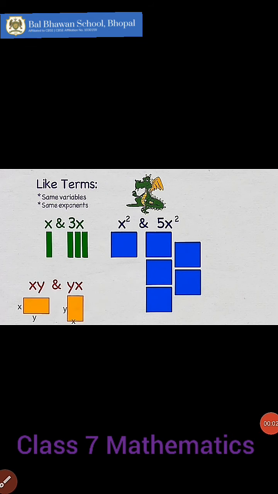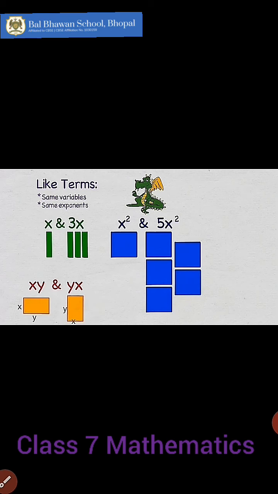Like terms. Like terms are the terms which will have the same variables and the same exponents of those variables. The number part or the coefficient part of these expressions may be different.